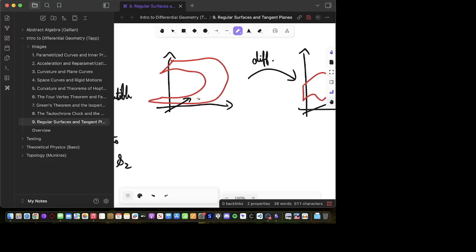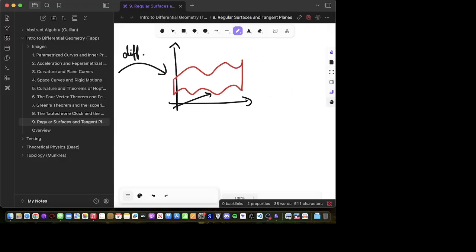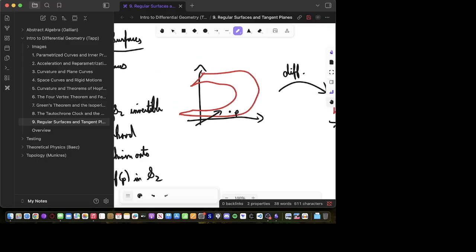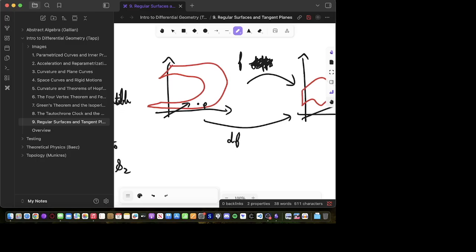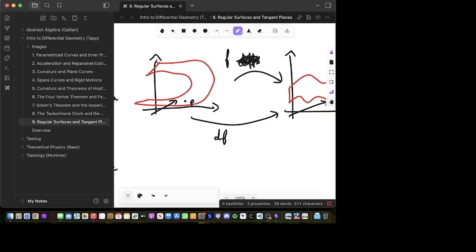So let's say we have P and we have f of P. So if, you know what, forget what I said. It's sort of late in the night. So this is not diffeomorphism, this is f.